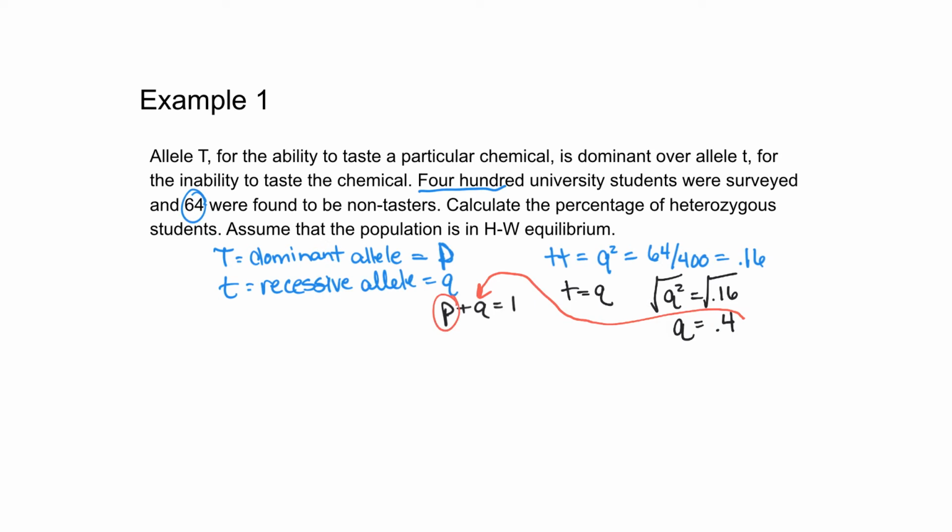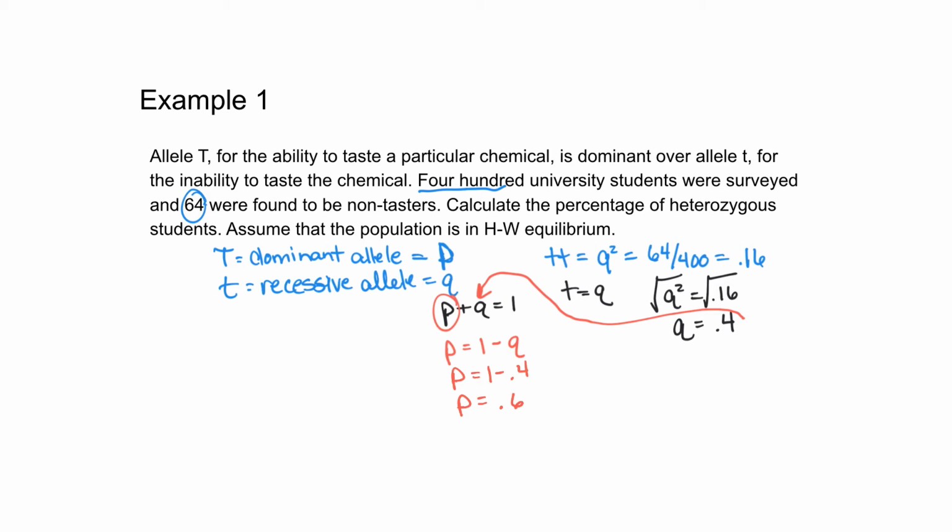And so we have p = 1 − q. If we plug that 0.4 in for q, it would be p = 1 − 0.4, which is going to give us p = 0.6.